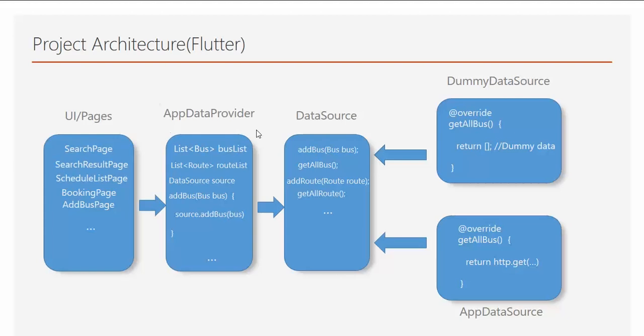This provider class will act as a bridge between the UI pages and the data source, so that the UI pages will never know where their data is coming from or where it is going, and likewise the data source section will never know where its data is coming from and where it is going. So this provider is actually an abstraction layer between the data source and the UI pages. So let's get back to the code.